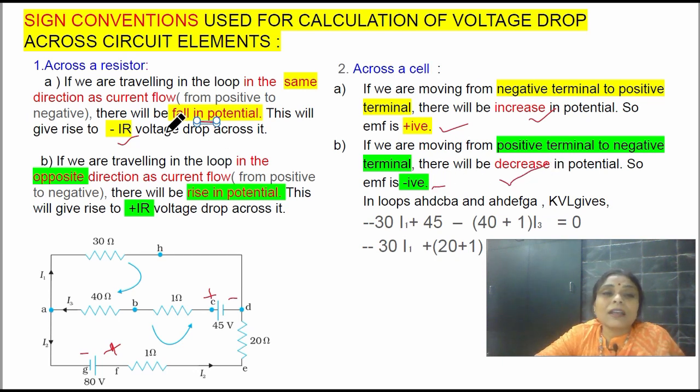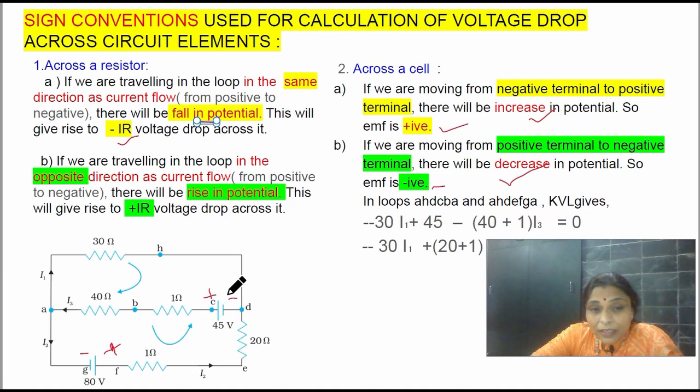So across a resistor, if the current is in the same direction as the loop, we take it negative. If the current and the loop are in opposite directions, we take it positive, and in the case of a cell, from negative to positive it is positive.